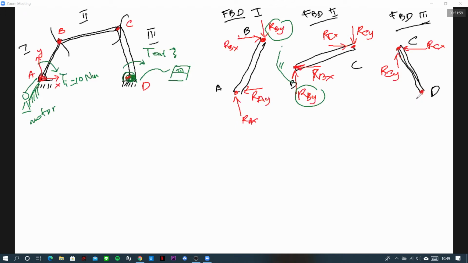Now here at point D, this is also attached to a joint. So we'll have reaction forces RDY and RDX.